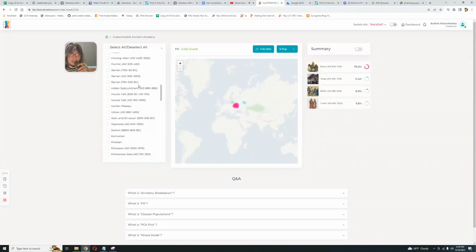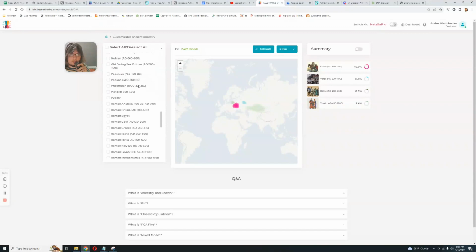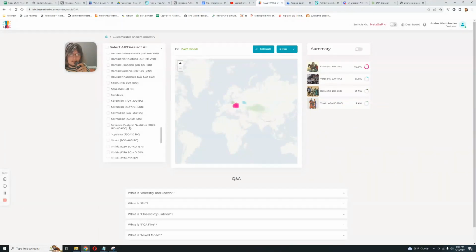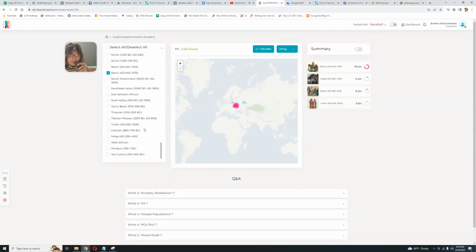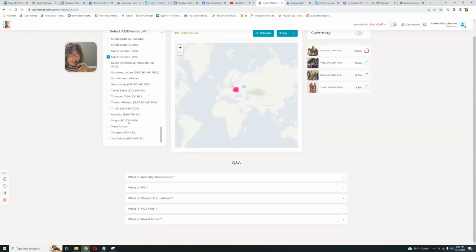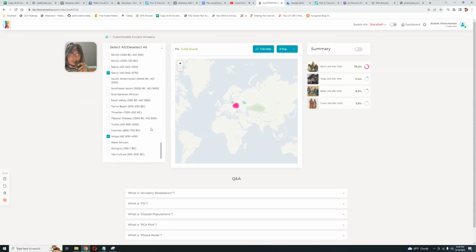I'm gonna go with, let's see, where's Slavic here? Okay, Slavic. Not BC. This one. And we're gonna choose, that's BC, I don't want to choose that. Volga, that's Iron Age, but that's kind of like late Iron Age. Turkic, that's medieval, okay.